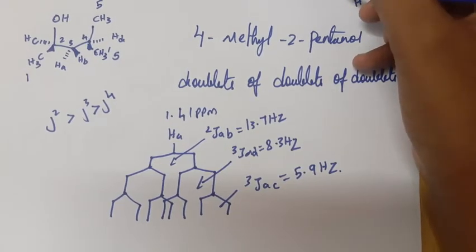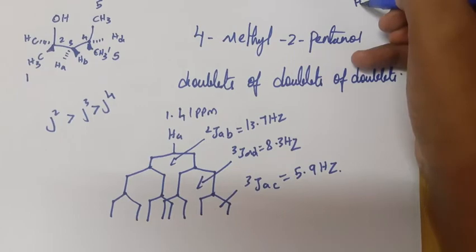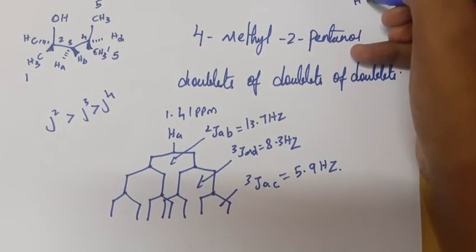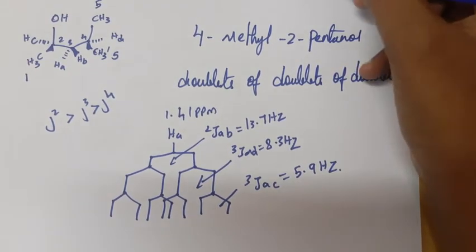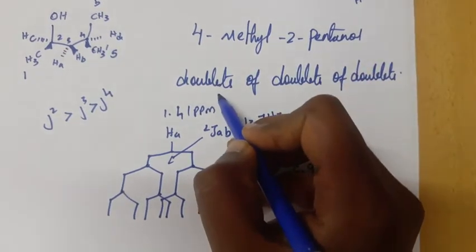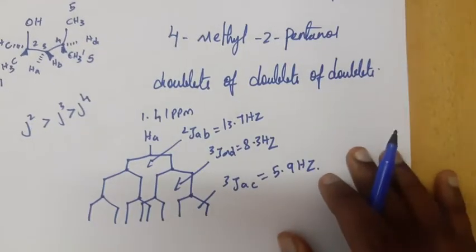Therefore a single proton can make it a doublet, and this is going to make this doublet into another doublet, and this makes these 2 doublets into another 2 doublets. That's why we got a doublet of doublets.